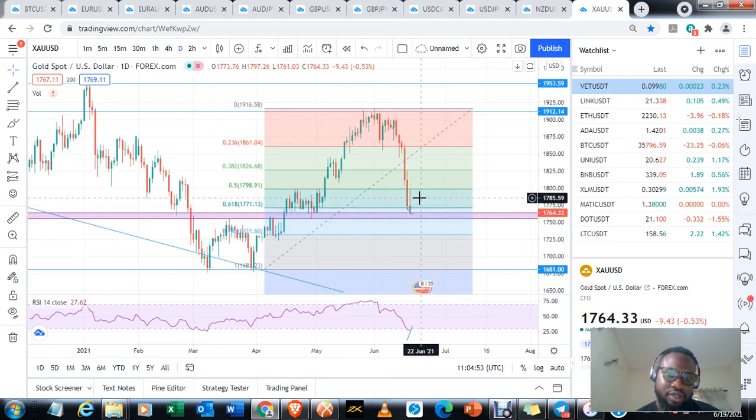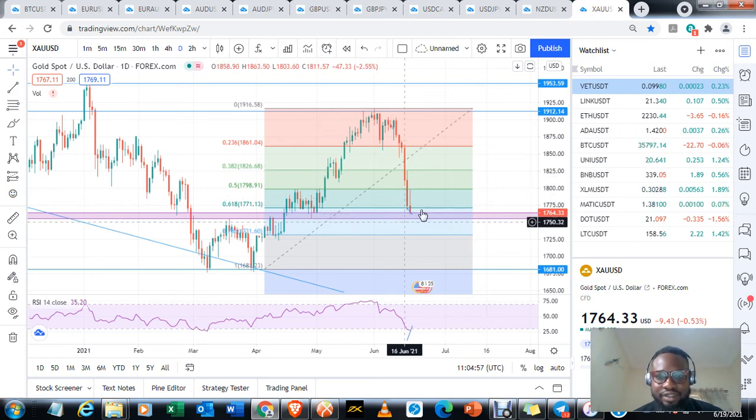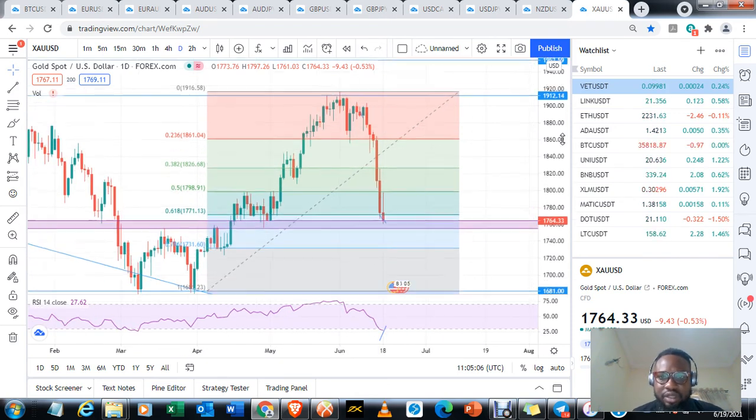Nothing is sure in the forex markets. I mean, price can just continue all the way down, but this is a strong indication that price might have a sort of retracement from here.